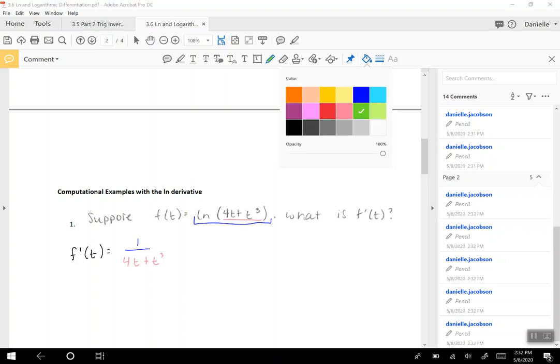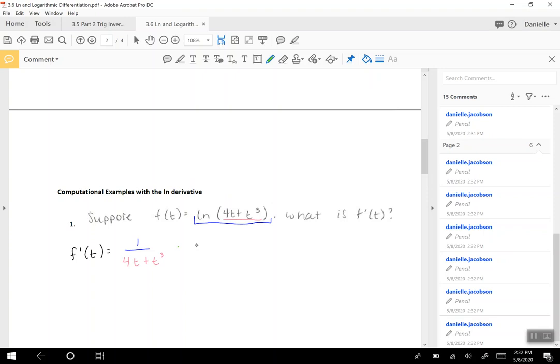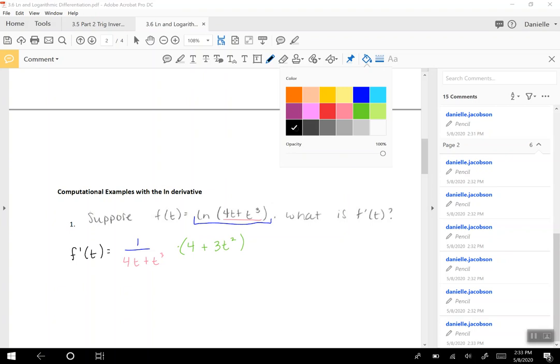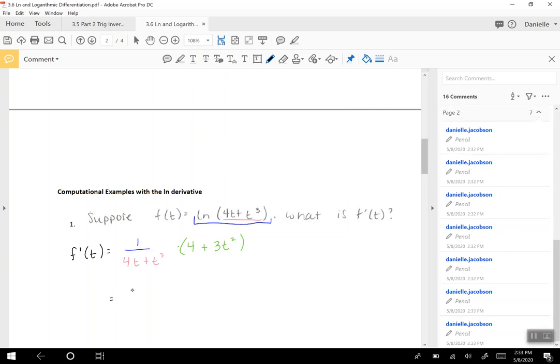The derivative of 4t is 4, plus the derivative of t cubed is 3t squared. So my final answer, and you really could leave it like this if you wanted to, I'll write as 4 plus 3t squared over 4t plus t cubed. Technically this is like writing this over 1, multiplying across, and that's what you get.